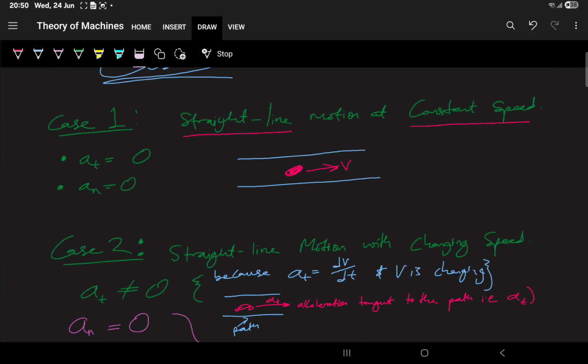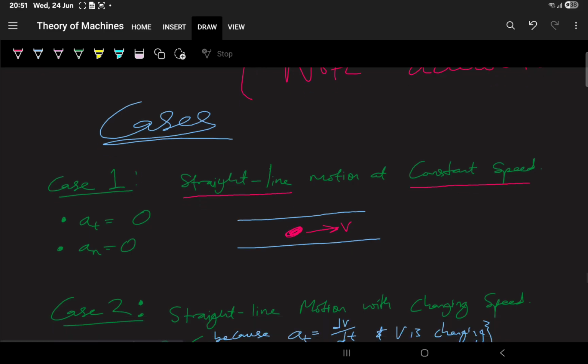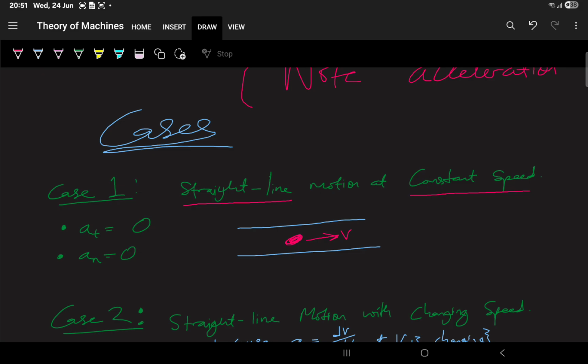Now, this is a straight line motion, and we've established earlier our normal acceleration is dependent on radius of curvature.